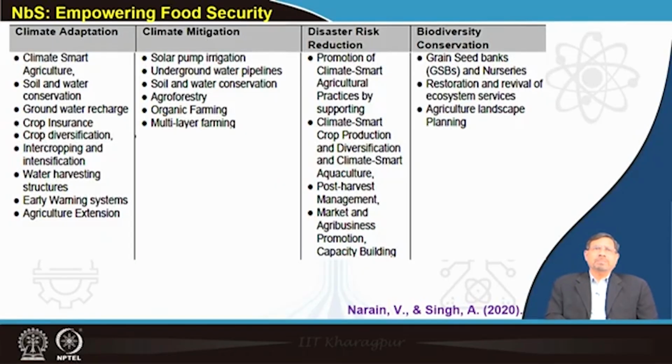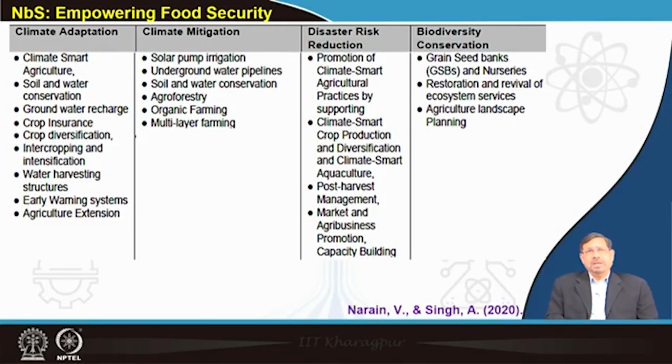In terms of climate adaptation, as far as nature based solutions are concerned: climate smart agriculture, soil and water conservation activities, groundwater recharge, crop insurance activities, crop diversification, intercropping and intensification, water harvesting structures, early warning systems and agricultural extension.